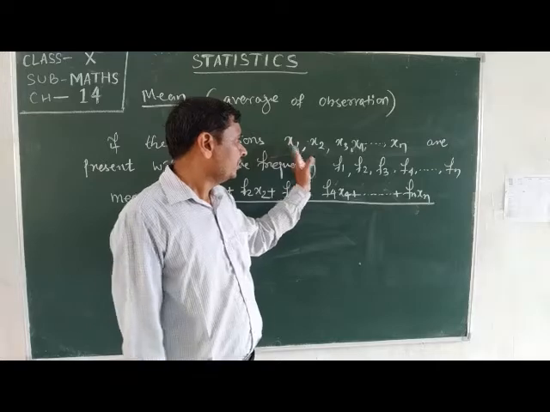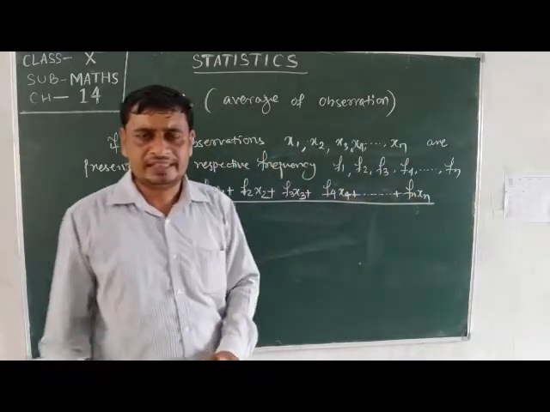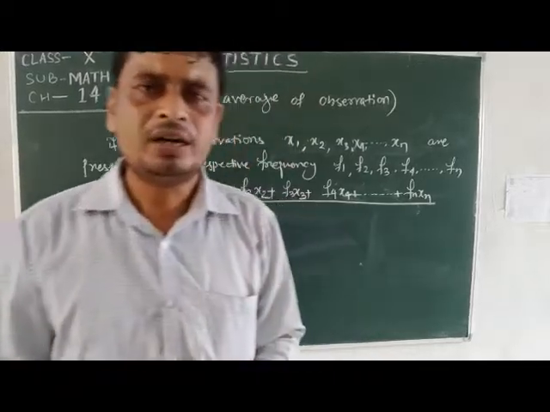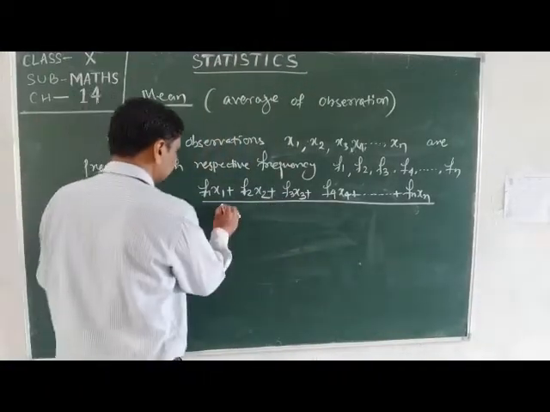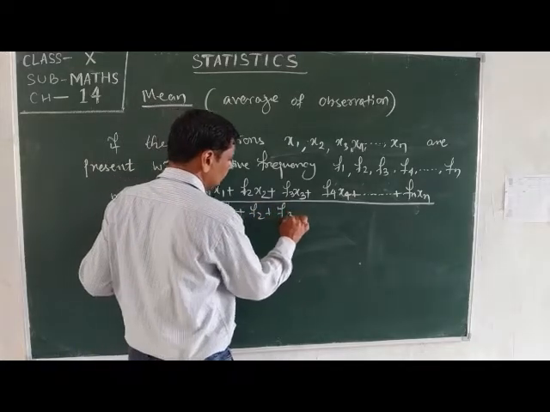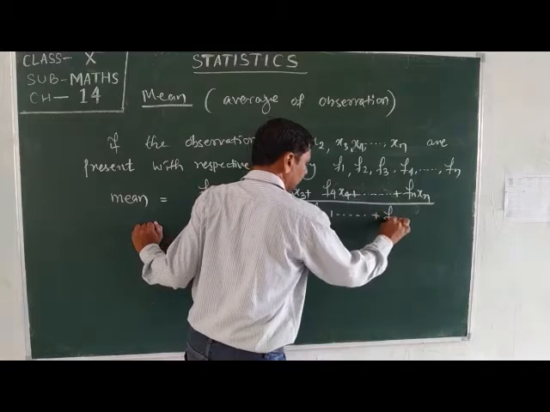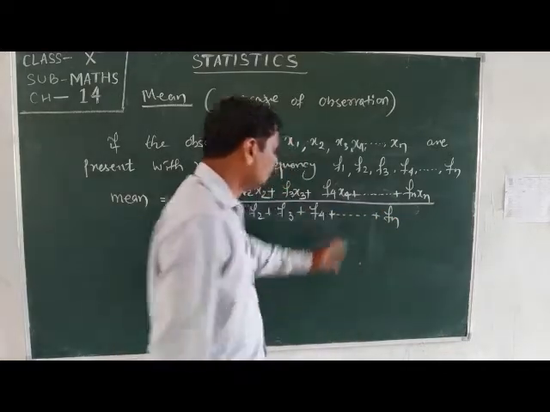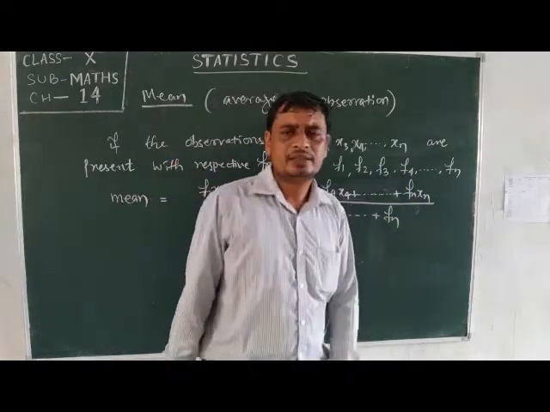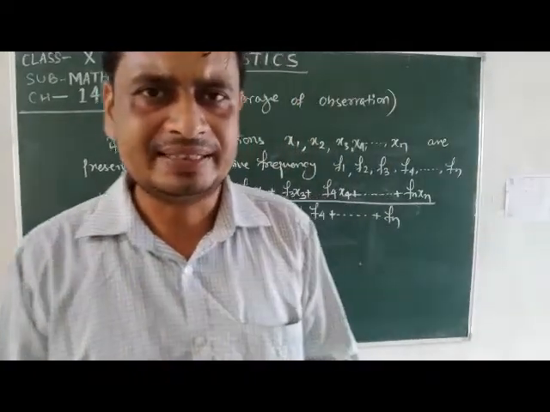So, if we add f1, f2, f3, f4 up to fn, then we get the total number of observations there. The sum of these frequencies will give us the total number of observations.